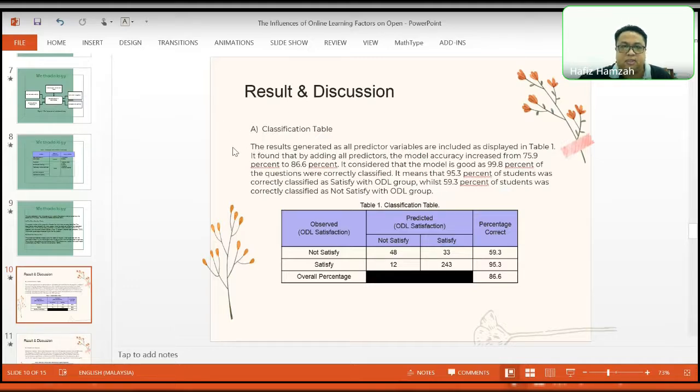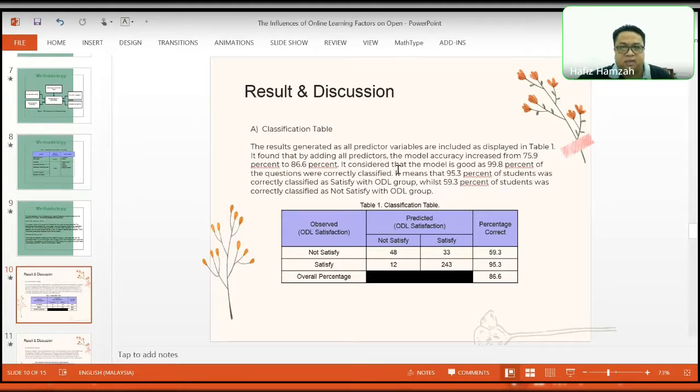So the results are generated with all predicted variables included, as displayed in table 1. So you can see from table 1, these are the predicted variables. It's found that by adding all predictors, the model accuracy increased from 75.9% to 86.6%.